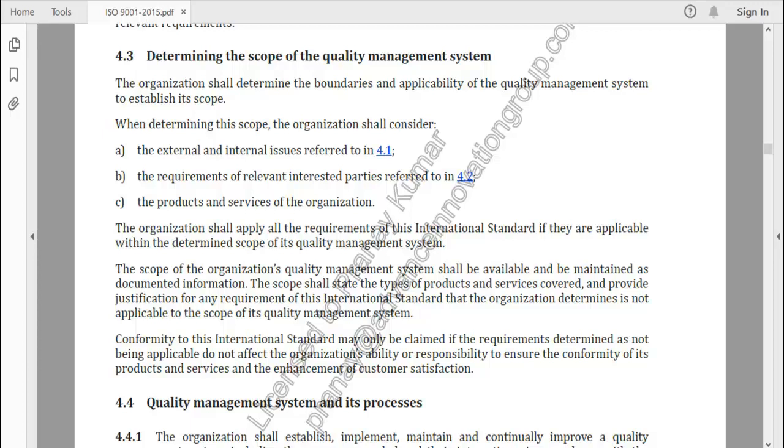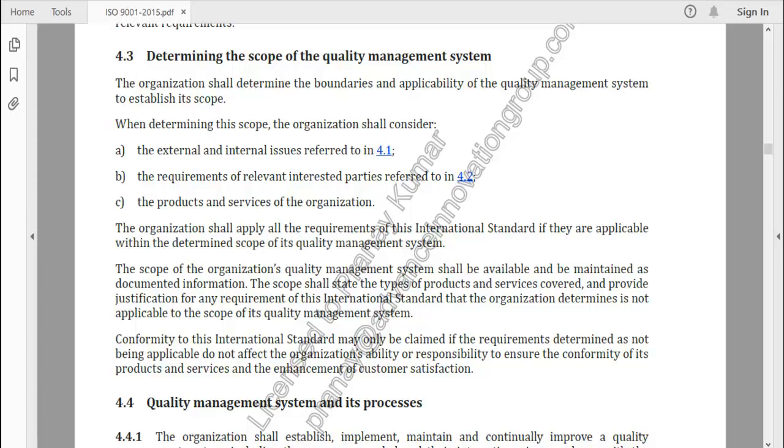The organization shall apply all the requirements of this international standard if they are applicable within the determined scope of its quality management system. The scope of the organizational QMS shall be available and be maintained as documented information. The scope shall state the type of products and services covered and provide justification for any requirements of this international standard that the organization determines is not applicable to the scope of its QMS.